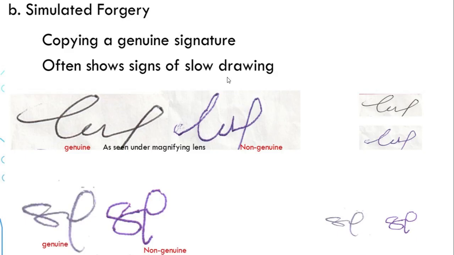One of those things that you can see there is what I call tremor. That is a sign of slow drawing, because every copied letter will manifest signs of slow drawing. And one of those signs of slow drawing is tremor.